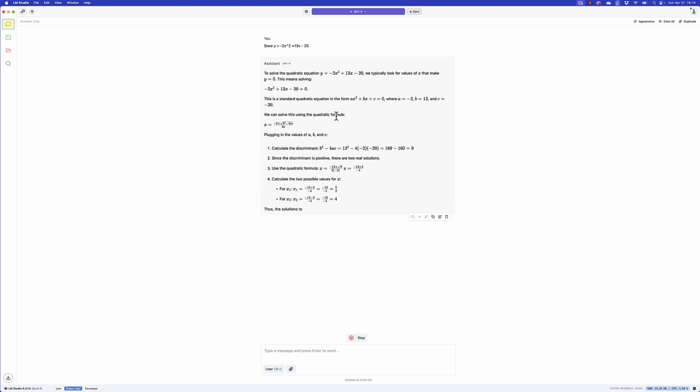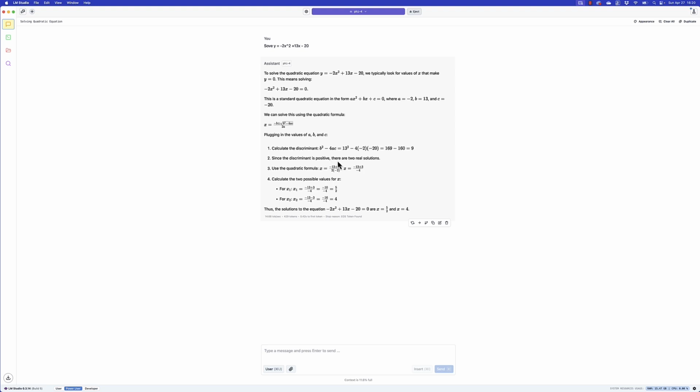You can solve using the quadratic formula, negative b plus or minus square root of b squared minus 4ac, divided by 2a. Very nice. Calculate the discriminant. B squared minus 4ac equals 13 squared minus 4 times negative 2 times negative 20, which gives you 9. If you want to see this written, watch my previous videos and you'll see that this answer is correct.